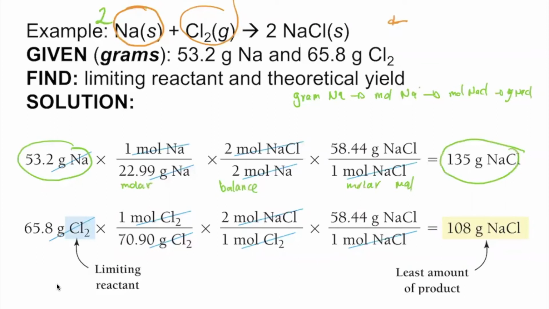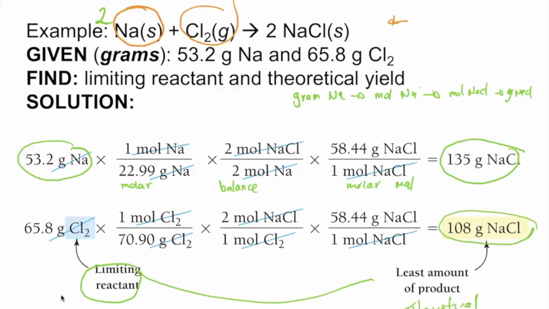However, if you have 65.8 grams of chlorine, you're going to generate 108 grams of sodium chloride. Because that chlorine gave you less grams of sodium chloride, chlorine is your limiting reactant. Therefore, the least amount of product becomes your theoretical yield. That will be your theoretical yield.